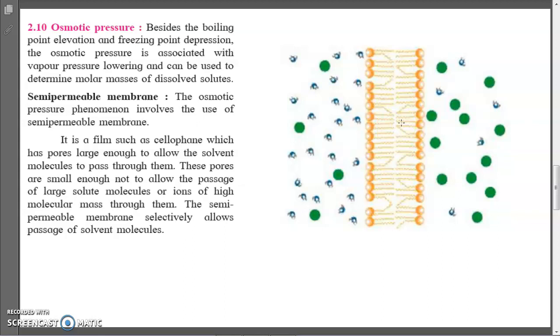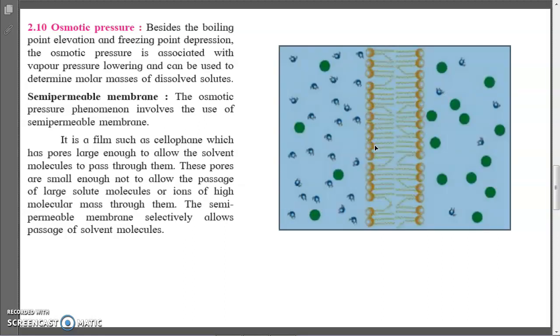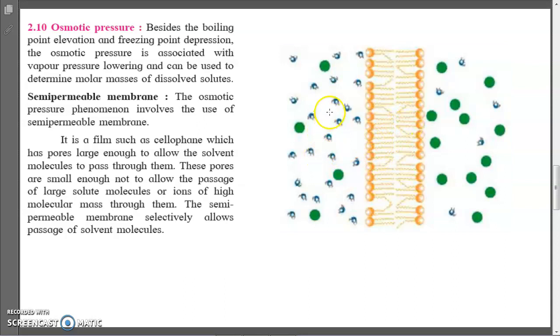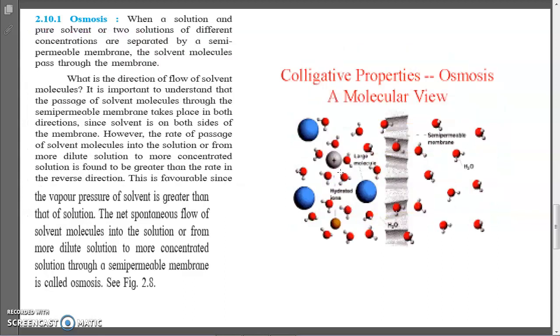These pores are small enough to not allow the passage of larger solute molecules or ions of high molecular mass. The semi-permeable membrane selectively allows only the solvent molecules to pass through it.